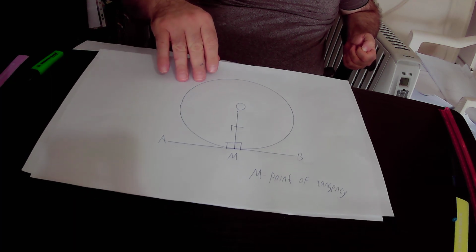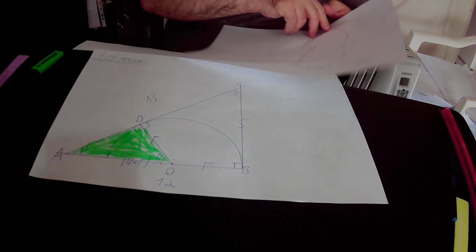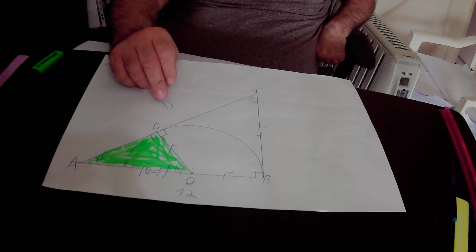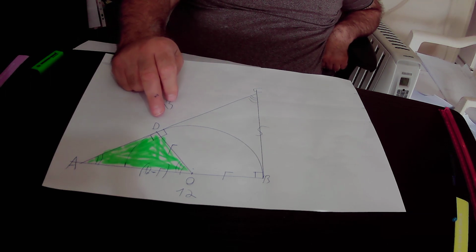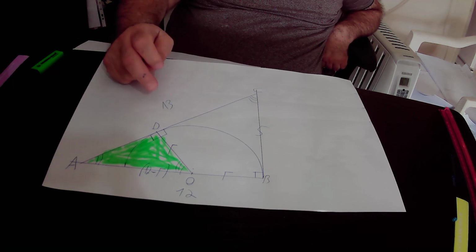So we can implement rule number 1 in our drawing, because in our drawing tangent CA is tangent to the semicircle at point D. Point D is the point of tangency of tangent CA with this semicircle.